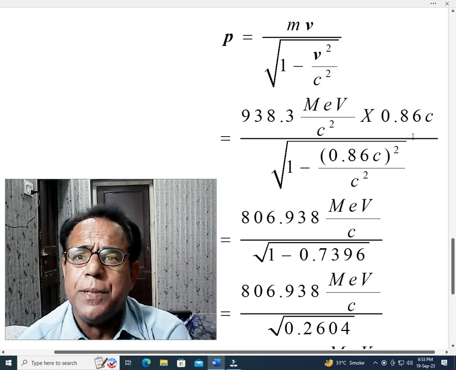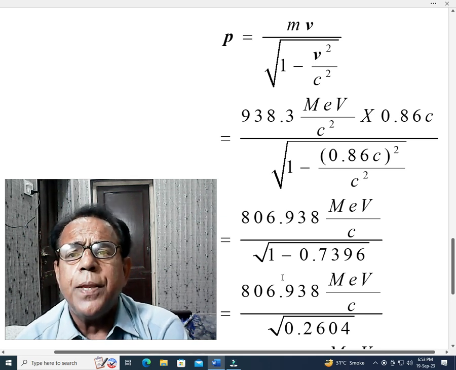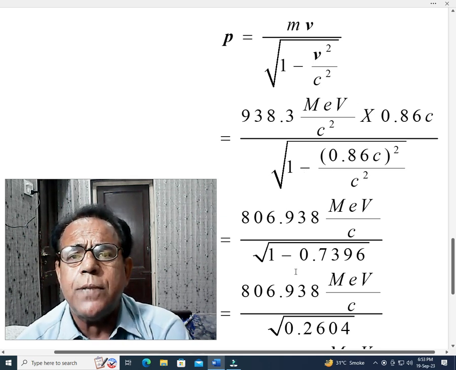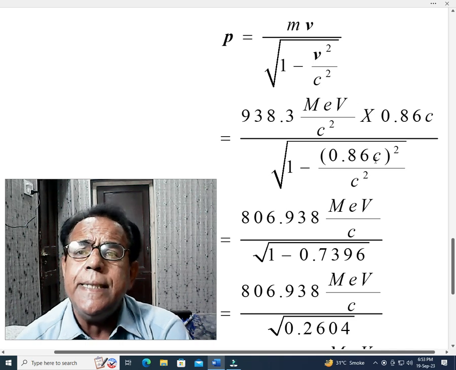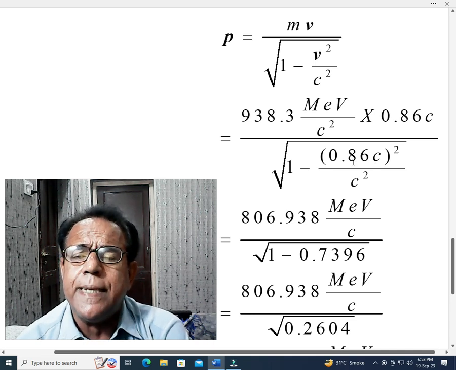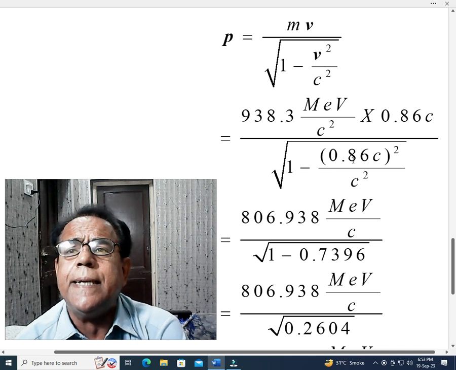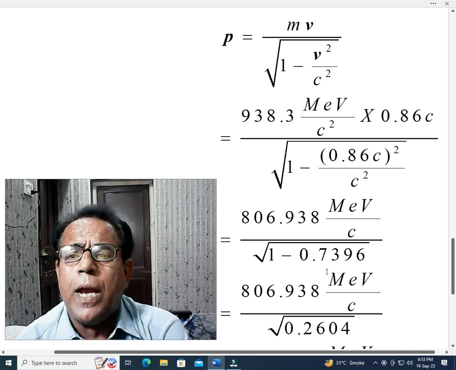Moreover, within the under root it will become 1 minus 0.7396, because c square will be cancelled out with c square, and square of 0.86 will be equal to 0.7396.